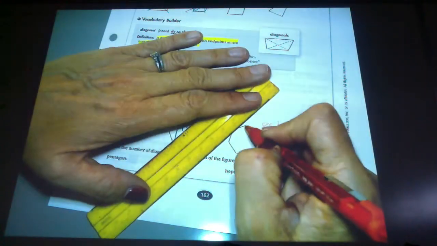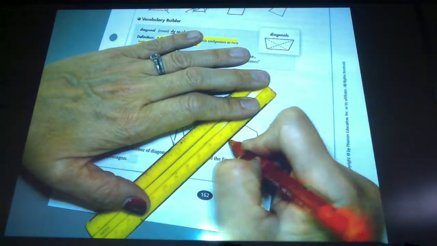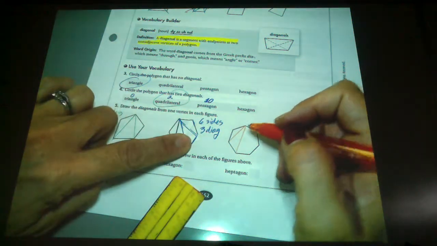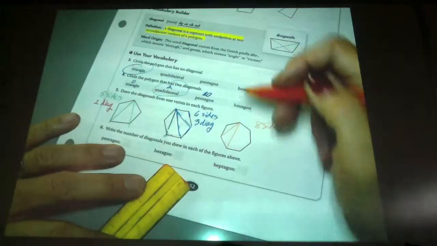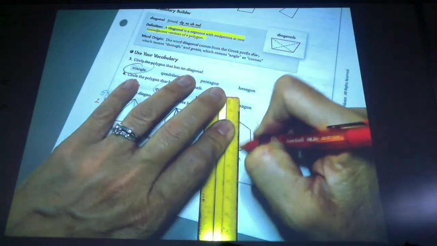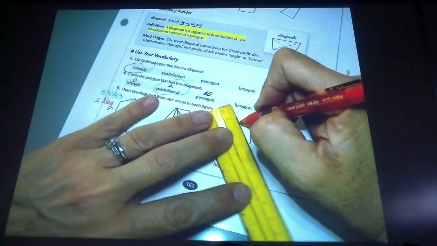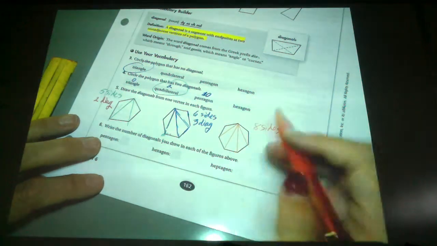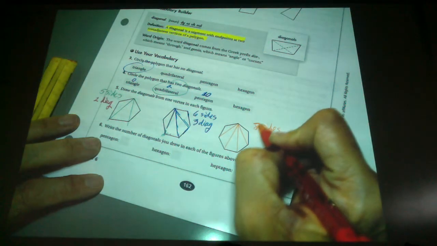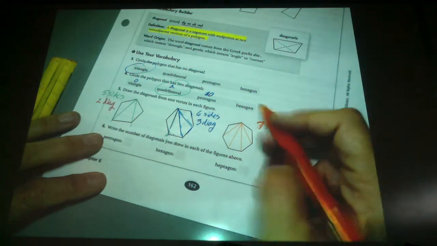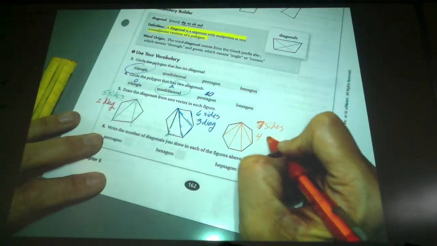And so then from a vertex, what do you propose I can draw? 5 sides 2, 6 sides 3, 8 sides is going to be... is there? 1, 2, 3, 4, 5, 2 pieces. And so because it's not meeting my pattern, that makes sense that it would be 4 diagonals.